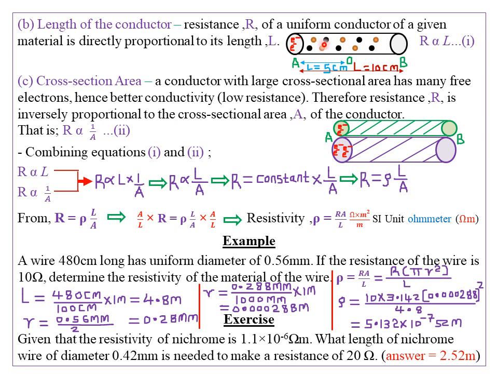But when the length of the conductor is long, the resistance of that particular conductor will also be very high. This can be explained in terms of the impurities and the atoms within that particular conductor.